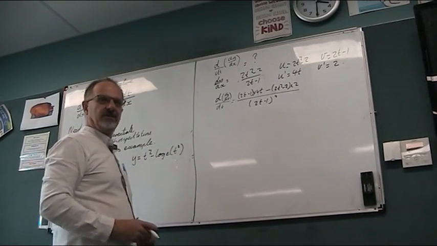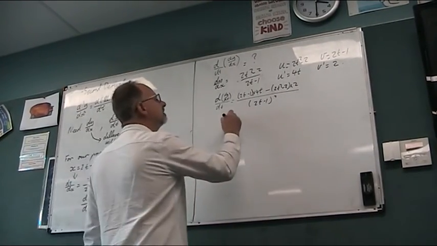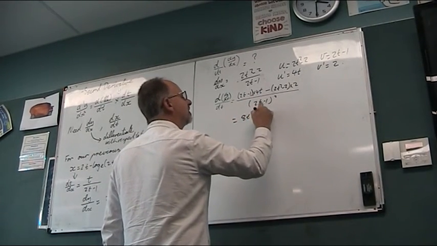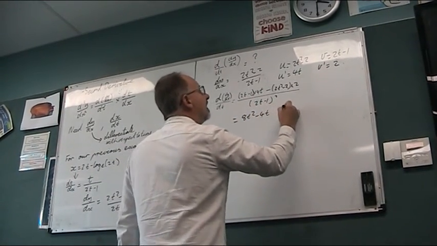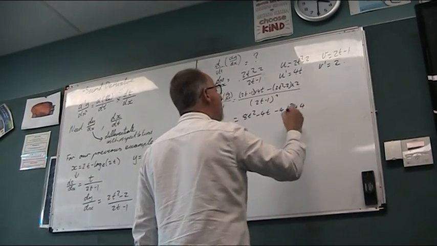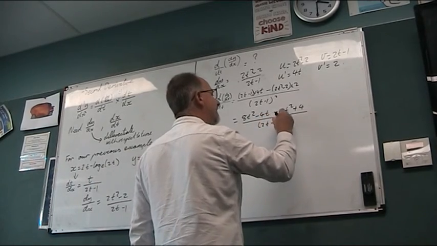Correct? Yes? No? Maybe? No one's going to commit. All right. So 8t squared minus 4t minus 4t squared plus 4 all over 2t minus 1 squared.